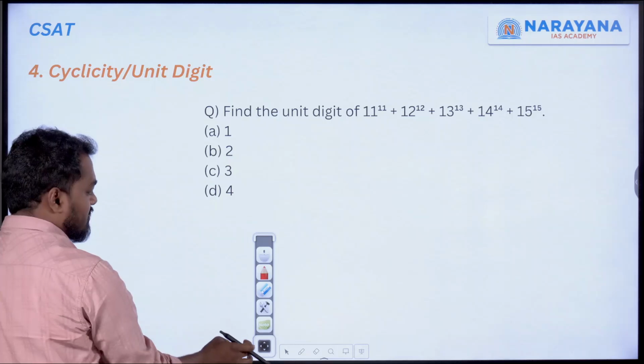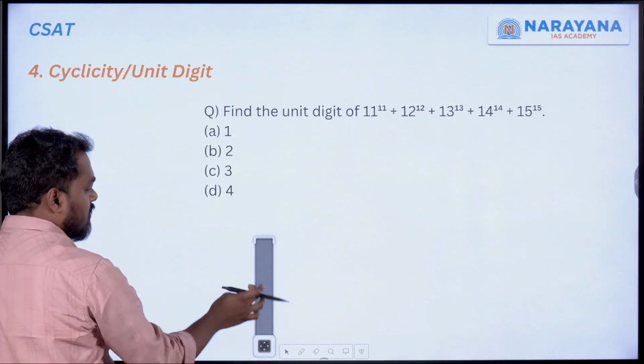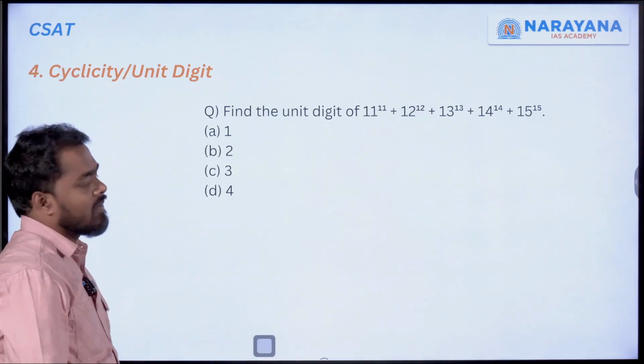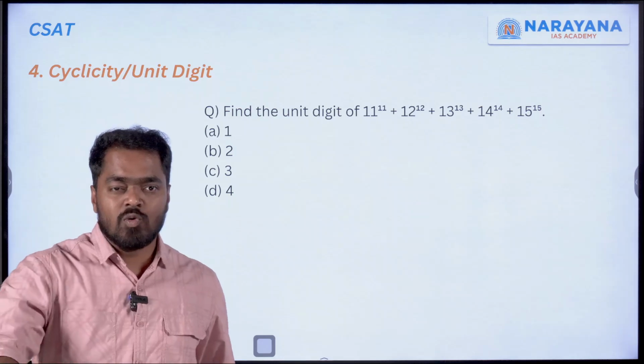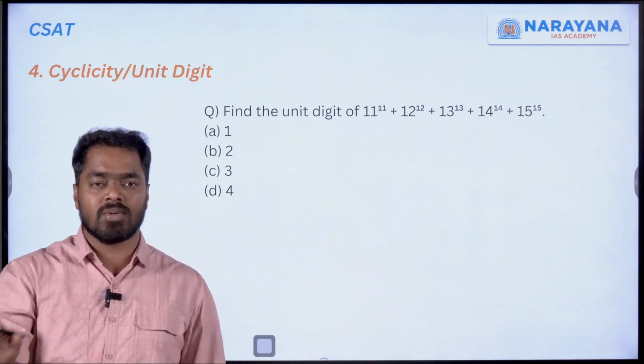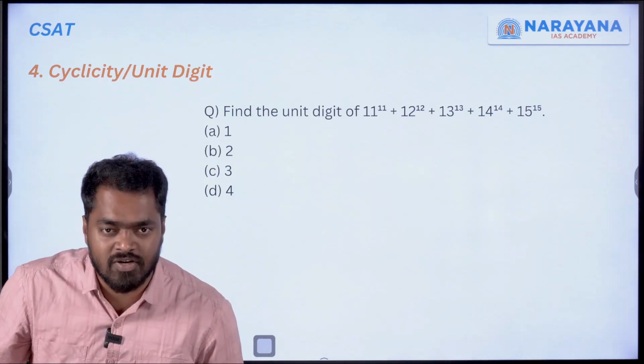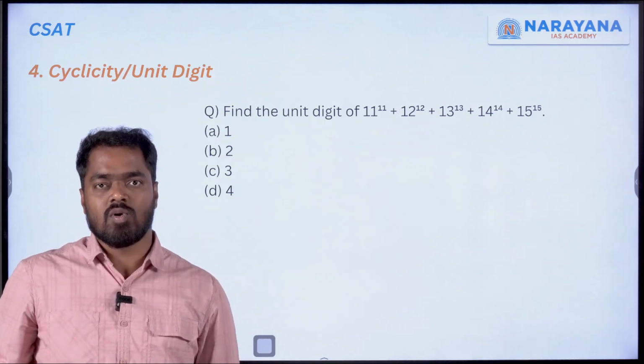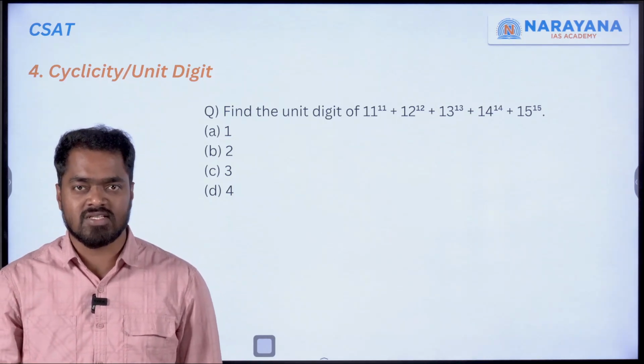Let's see the next question. Find the unit digit of 11 to the power 11, 12 to the power 12, 13 to the power 13, 14 to the power 14, 15 to the power 15. What is the unit digit of the sum of these numbers?